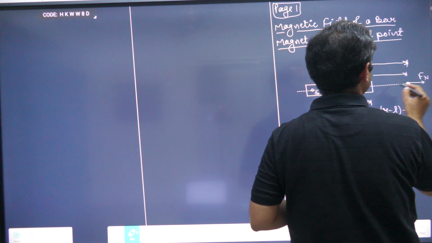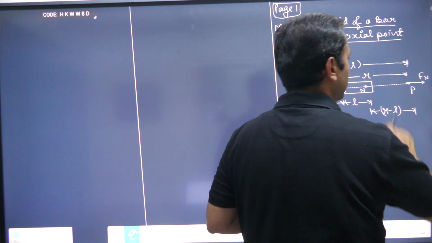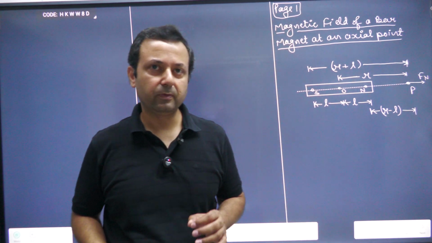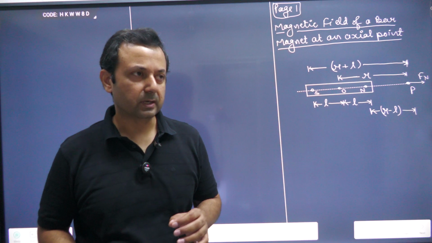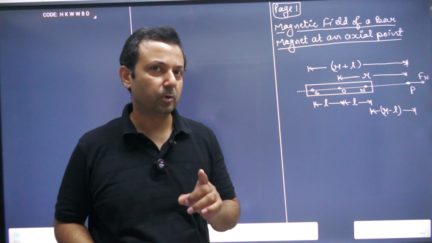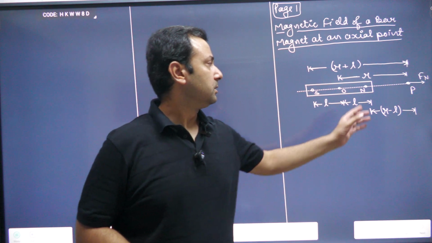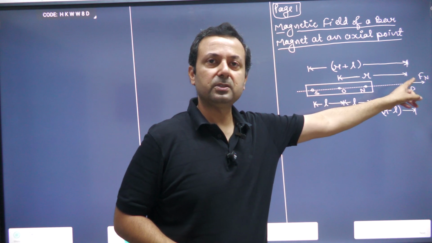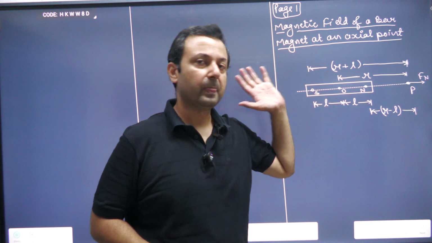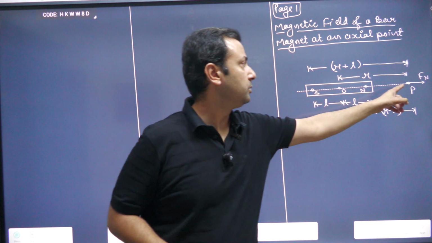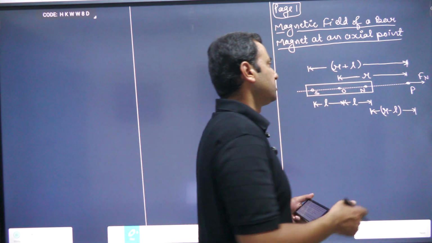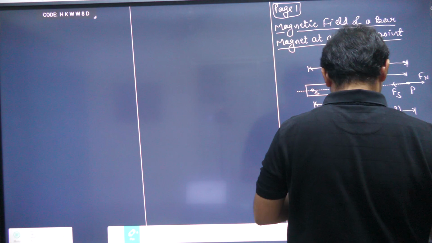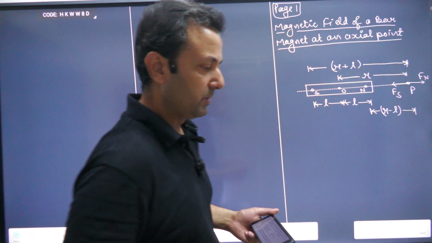Fn means the repulsive force exerted by this north pole at point P. Now this south pole is going to attract this north pole, so Fs will be in the leftward direction. If you do not understand anything, please stop me in between.